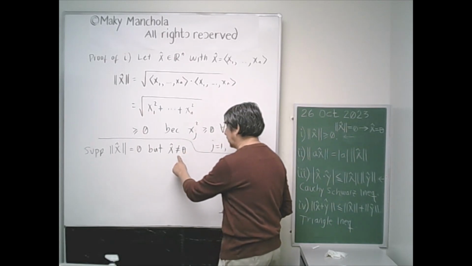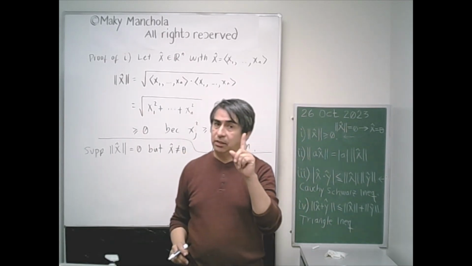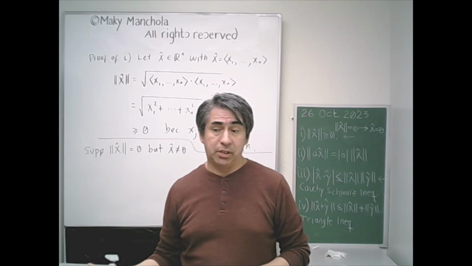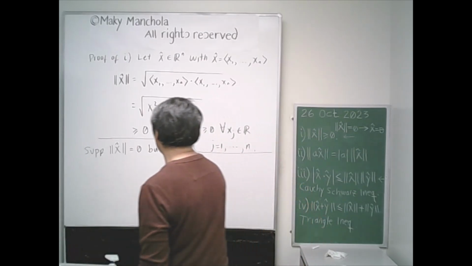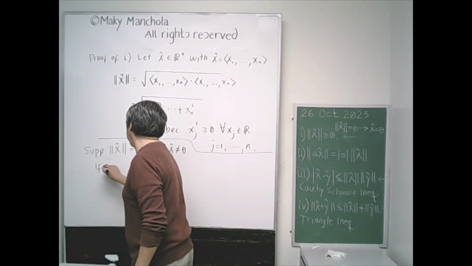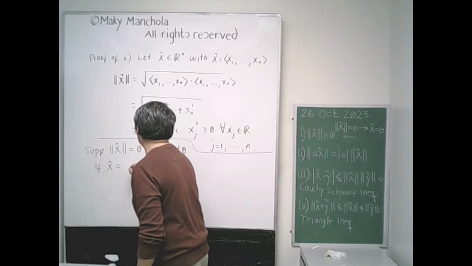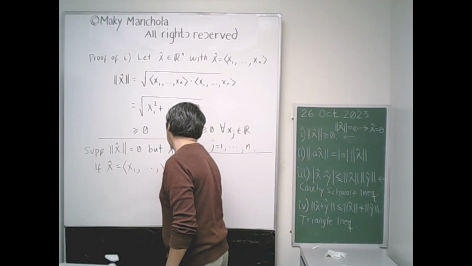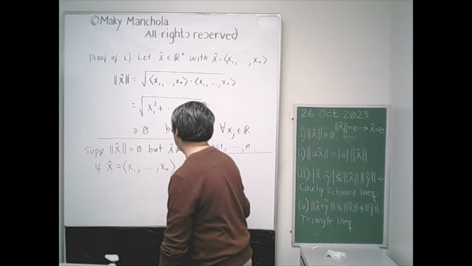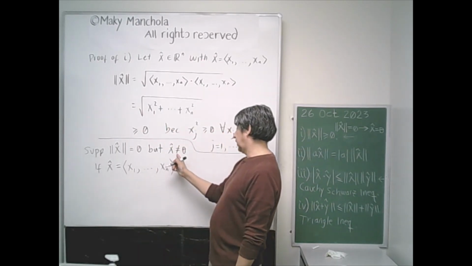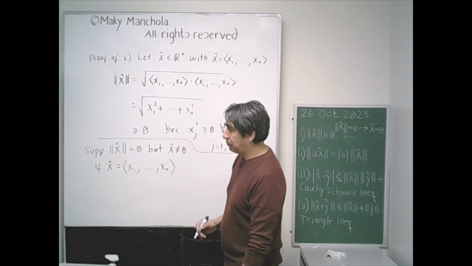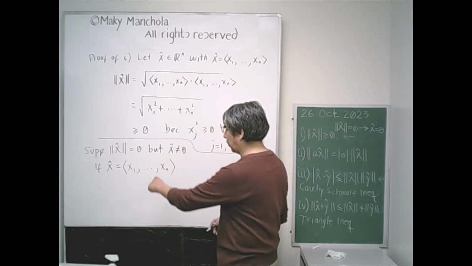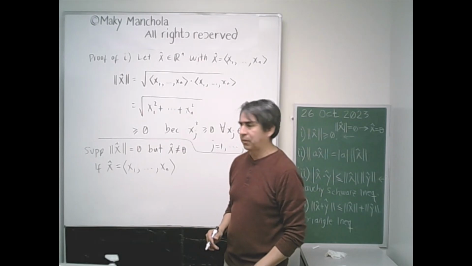Well, if x is not the 0 vector, that means at least one of its entries must be different than 0. So if x equals x1 and so on xn, since x is not theta, at least one of these entries cannot be 0.